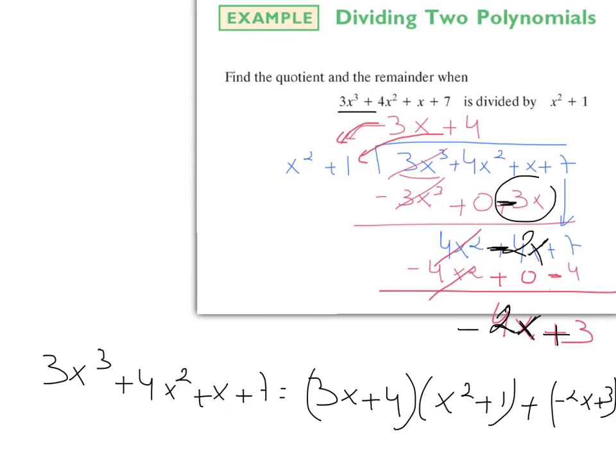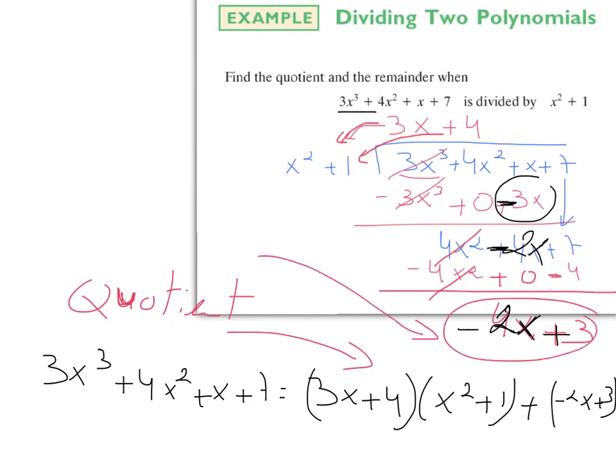So this is going to be the quotient, and this is the remainder, minus 2x plus 3.